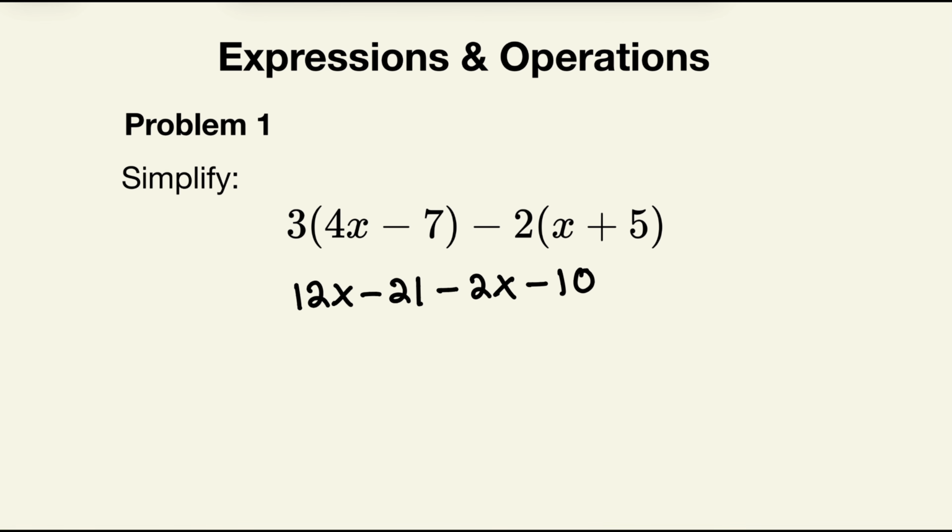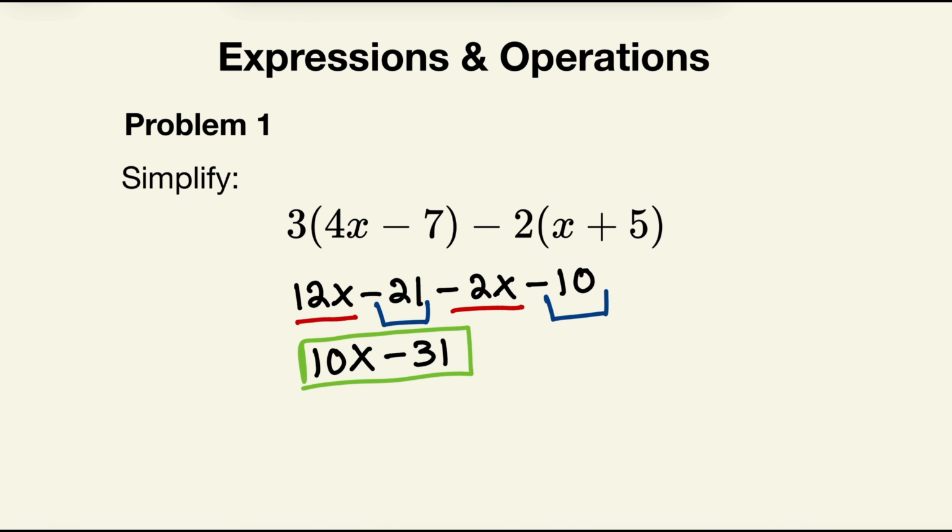So of course, we'll go ahead and combine like terms. 12x and -2x is equal to 10x. And then we have -21 and -10, which equals -31. Our final answer is 10x minus 31.